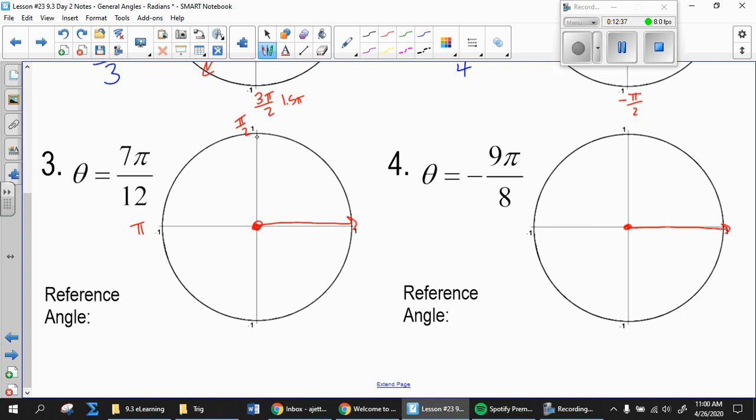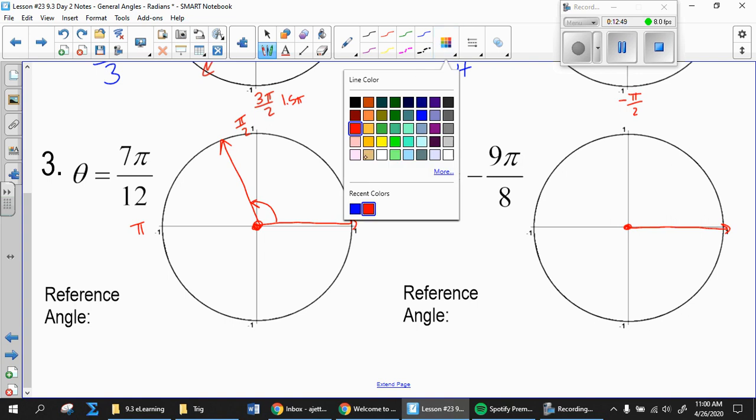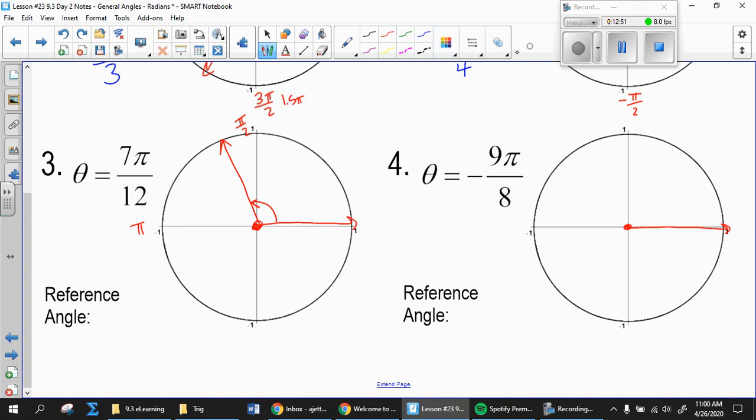So it's going to be a little bit more than a half. It's not 1, but it's a little more than 1/2. So it's going to be somewhere right here. We're going counterclockwise. So here's my reference angle. Well, what we're saying here is, if I'm at 7/12, how much further do I have to go to get to 1? So that should be 5 pi over 12.